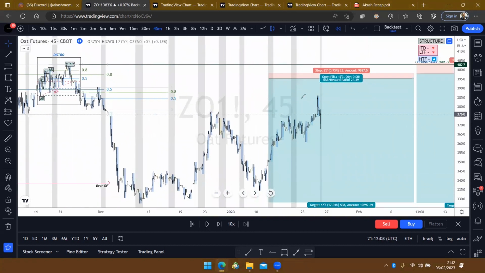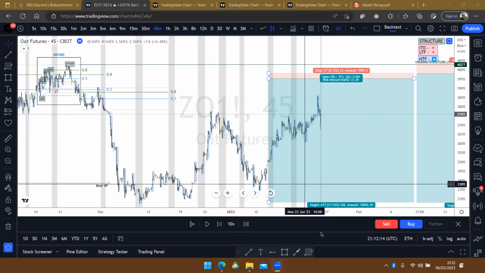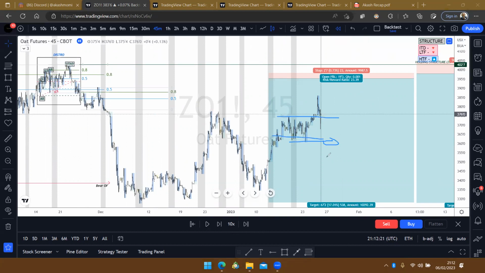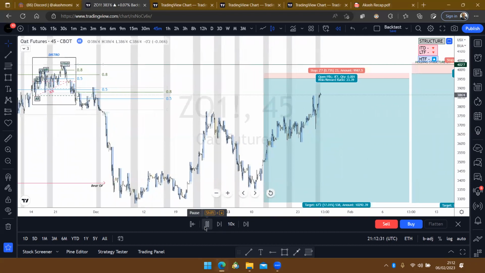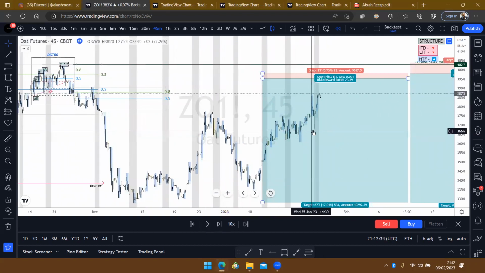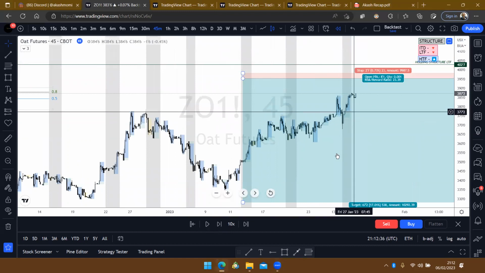But let's see if it presents something in here, and we can discuss how it does it. At the moment I will need that to break for me to look at anything, and then we can see it's actually giving us a little something. At the moment we get that break, this is something that we can throw a little bit of risk on. So this is what I need to break for me to say, yeah, let's go. No break, no trade. So at the moment we didn't get that trade, it's going in now.